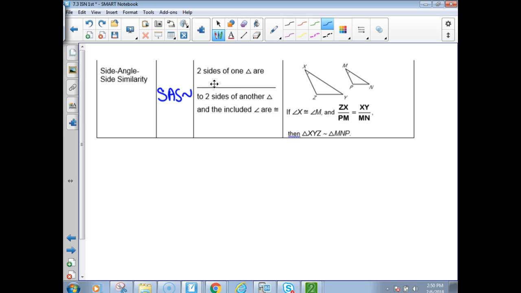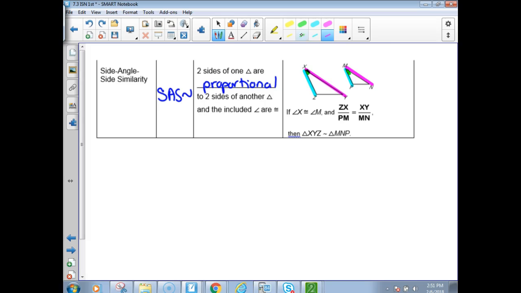Two sides of one triangle are proportional to two corresponding sides in another triangle, and the included angle between them would have to be congruent. So in this picture, we've got angle X and M congruent. We've got side ZX in the same ratio to MP as side XY is to MN.